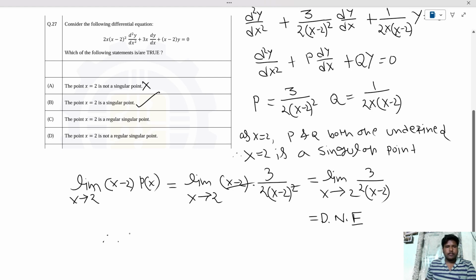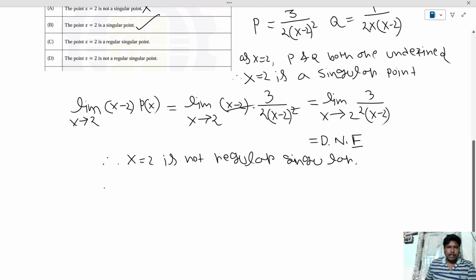Therefore, x equals 2 is not a regular singular point, because the condition for a regular singular point is that (x minus 2) into p(x) as well as (x minus 2) square into q(x) both should exist as limit x tends to 2.